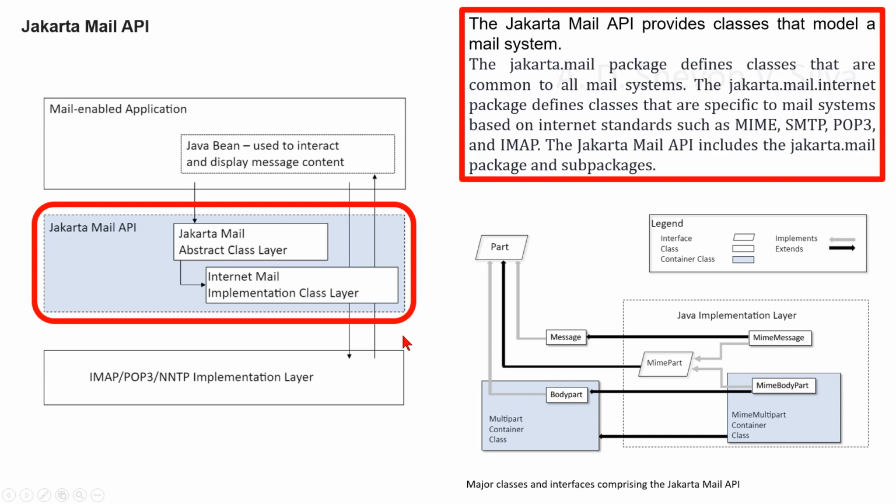The jakarta.mail.internet package defines classes that are specific to mail systems based on internet standards such as MIME, SMTP, POP3, and IMAP. The Jakarta Mail API includes the jakarta.mail package and subpackages. This figure shows major classes and interfaces comprising the Jakarta Mail API.